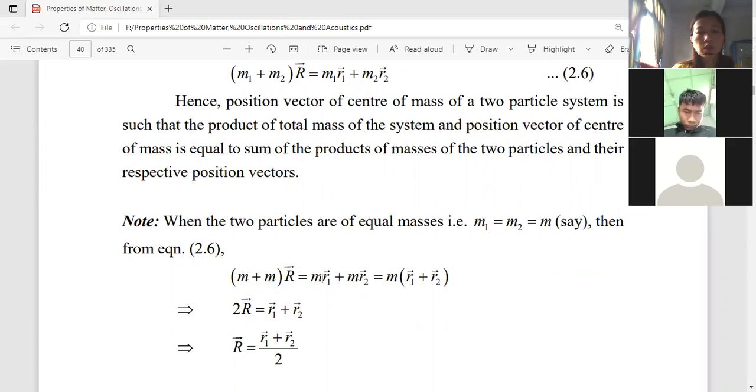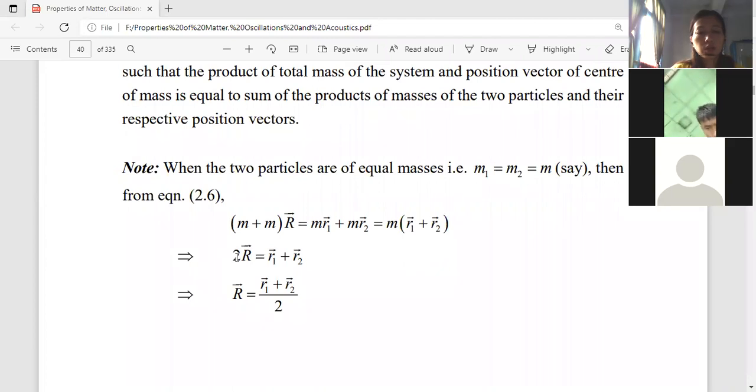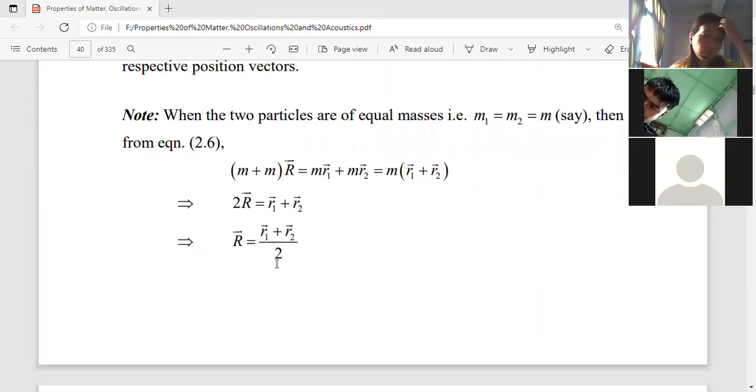The m terms are common, so we take m outside the bracket, and then we get 2R equal to r1 plus r2, and then we transfer 2 to the right hand side, where it comes in the denominator.